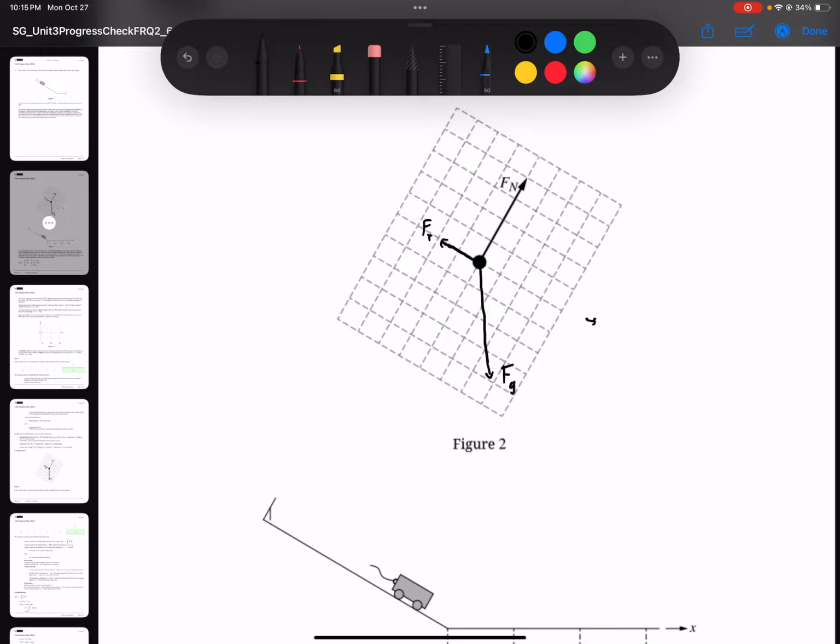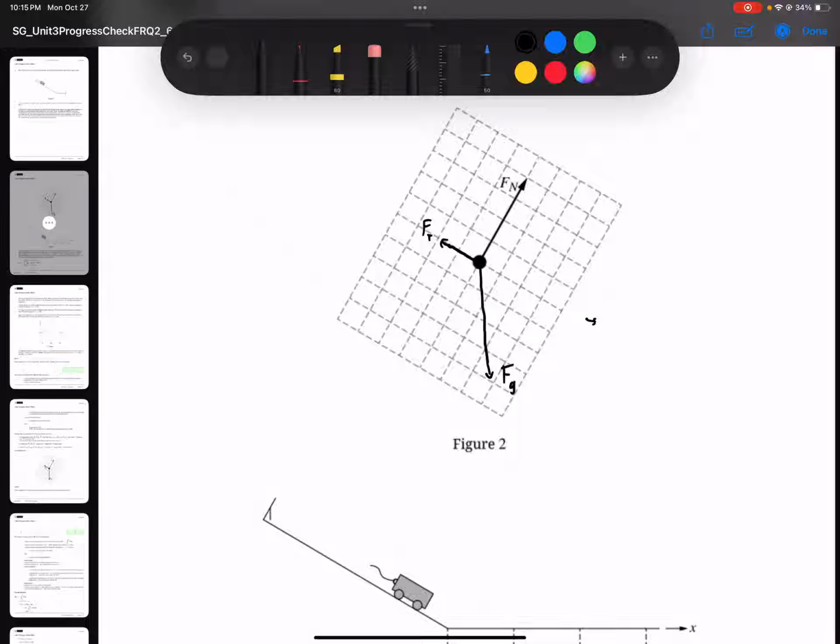Now the relative size of the arrows is important. This is actually fairly important. Notice that when I drew the force of gravity, the vertical component of the force of gravity is about 4 units large, and you see how the normal force is about 4 units in magnitude. So for the mg cosine theta, you're not going to draw the component on the free body diagram.